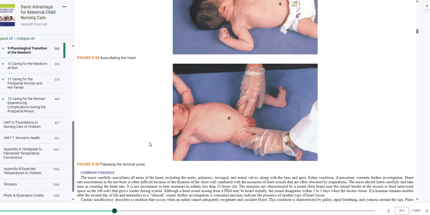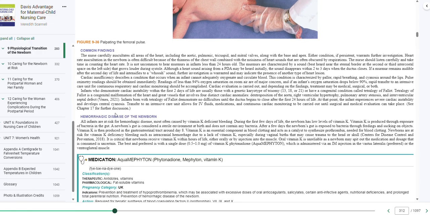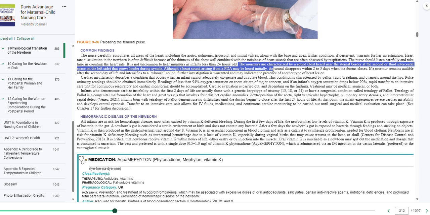All right, let's look on page 312. Common findings with the heart. Under common findings, that first paragraph about halfway down, it's talking about murmurs. We just talked about murmurs a little bit, but this is a wink and a lollipop.